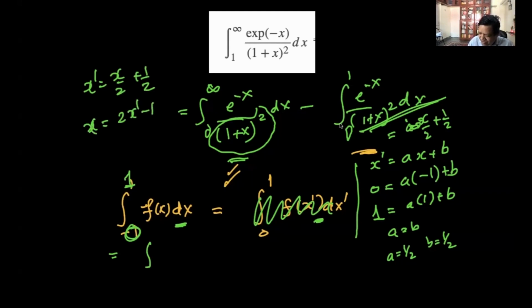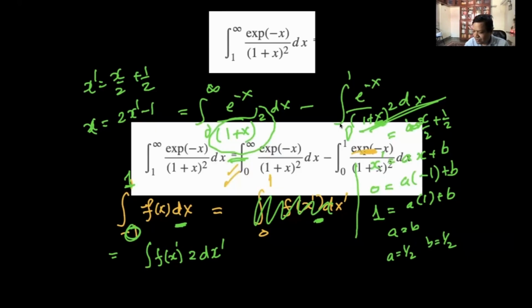So dx will be 2 dx'. Now f(x) we replace by f(x'). Just replace x by x' here, and we can do the integral, and this is doable. Is that clear? So a change of variable will do the trick for the second one, and I just did some addition and subtraction.